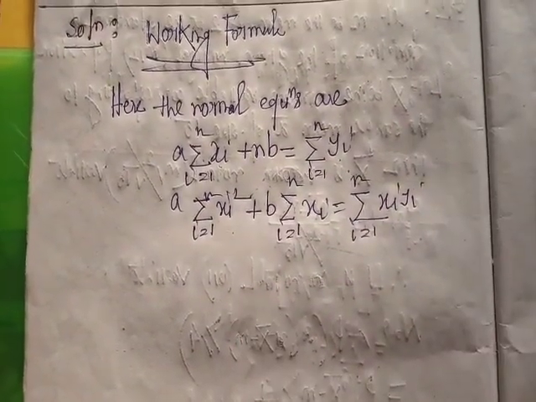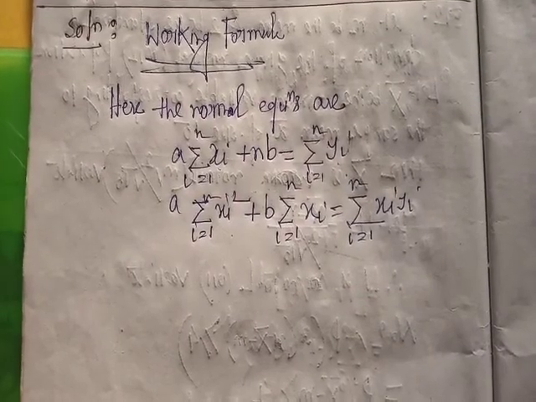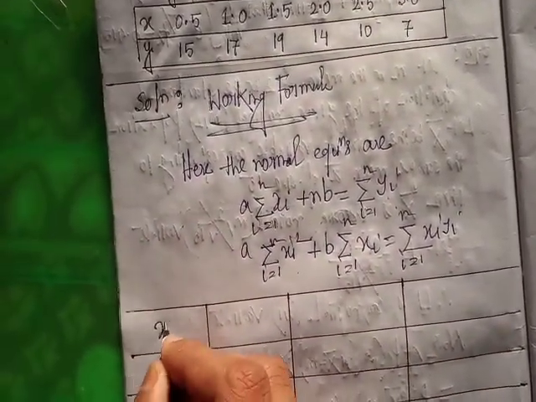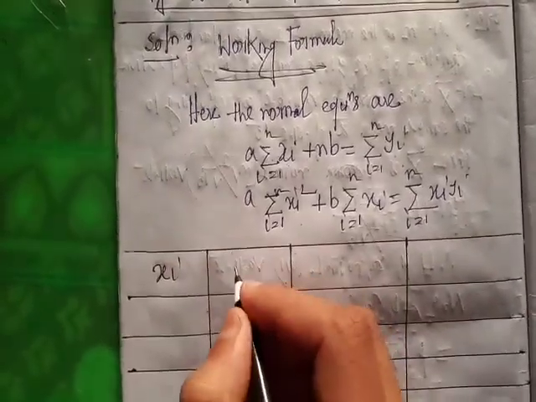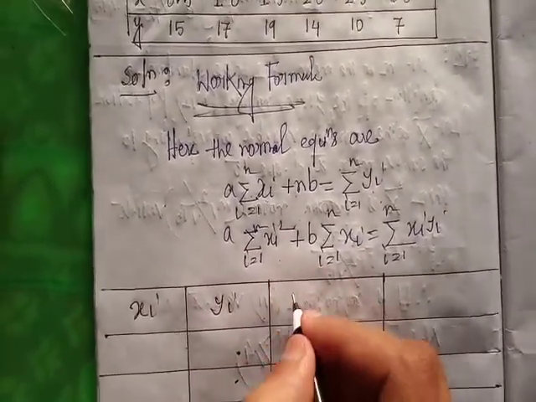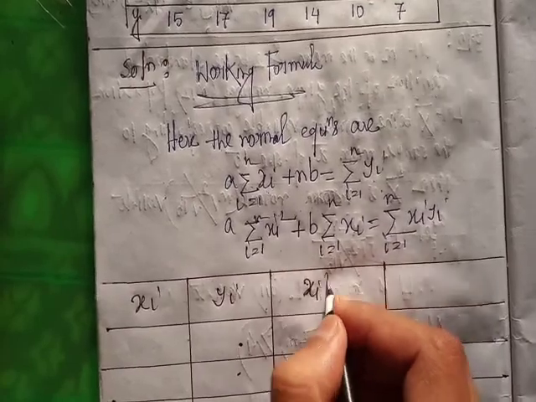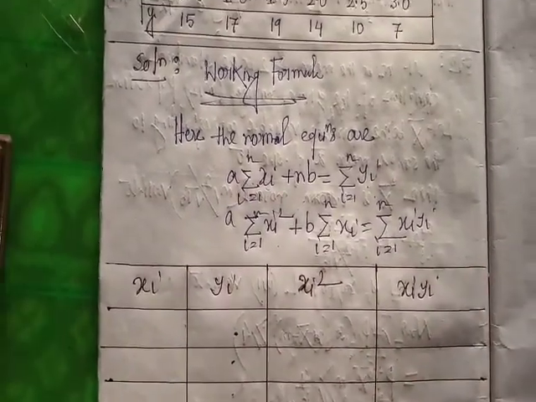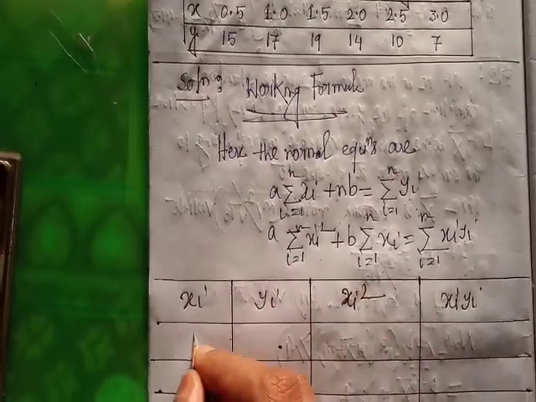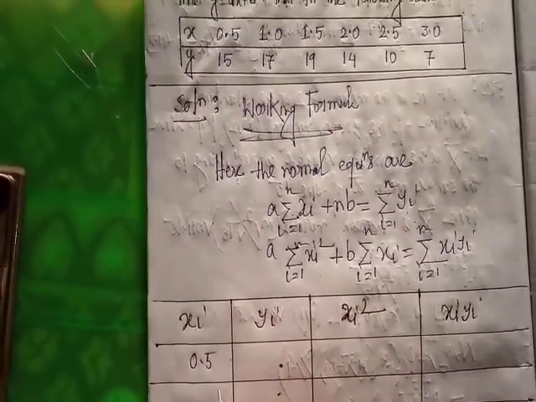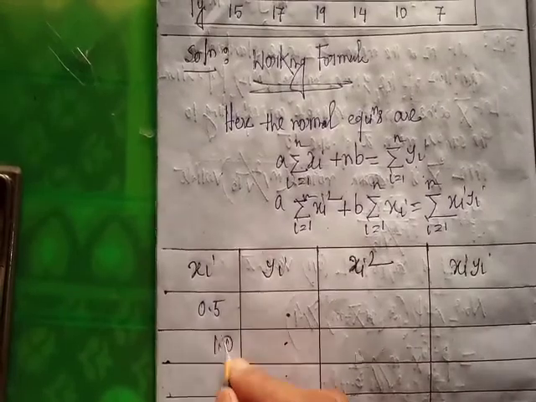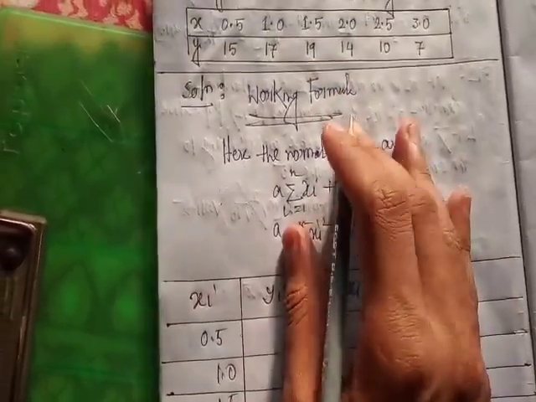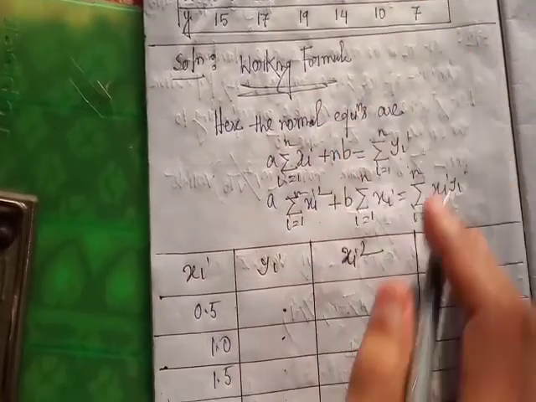Now we draw a table. This is xi, this is yi, this is xi square, this is xi into yi. xi is 0.5, 1.0, 1.5, 2.0, 2.5, 3.0.